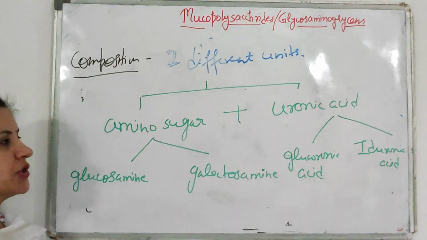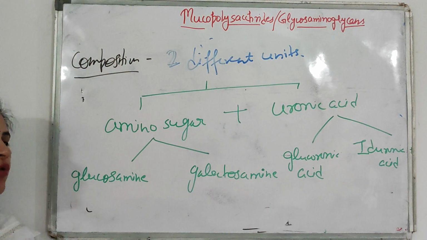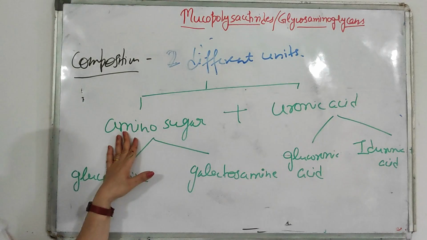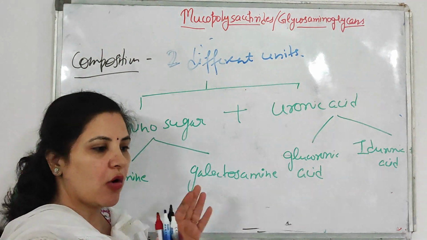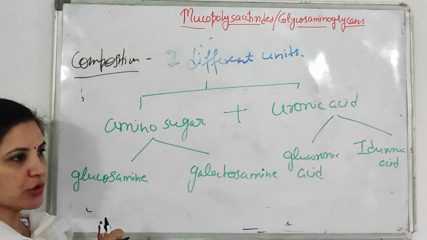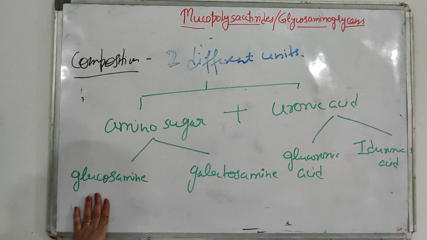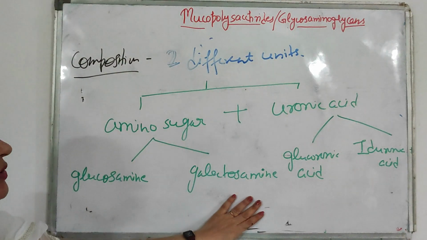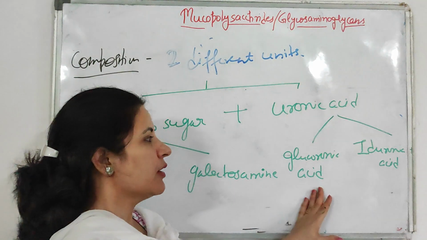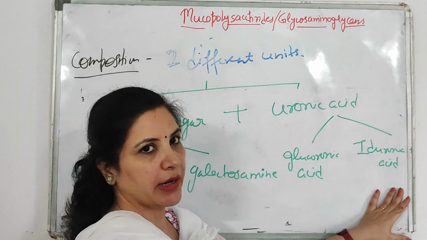So what is the composition? They are made up of two different units: amino sugar and uronic acid. In all the glycosaminoglycans, amino sugar and uronic acid are there, and the amino sugar could be either glucosamine or galactosamine, and the uronic acid may be glucuronic acid or iduronic acid.